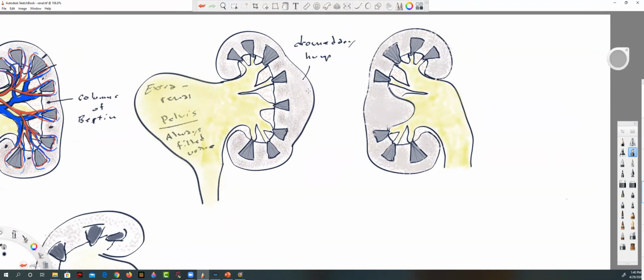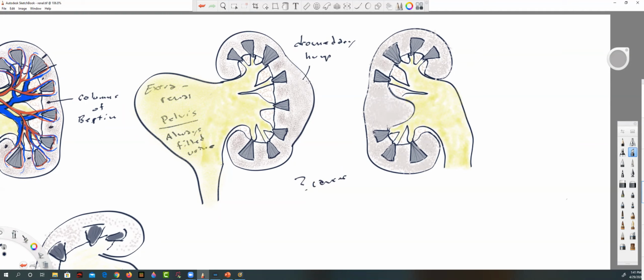Important to know if it's a dromedary hump or is it cancer? So we need to determine that. If the echogenicity is the same, that is probably a dromedary hump.